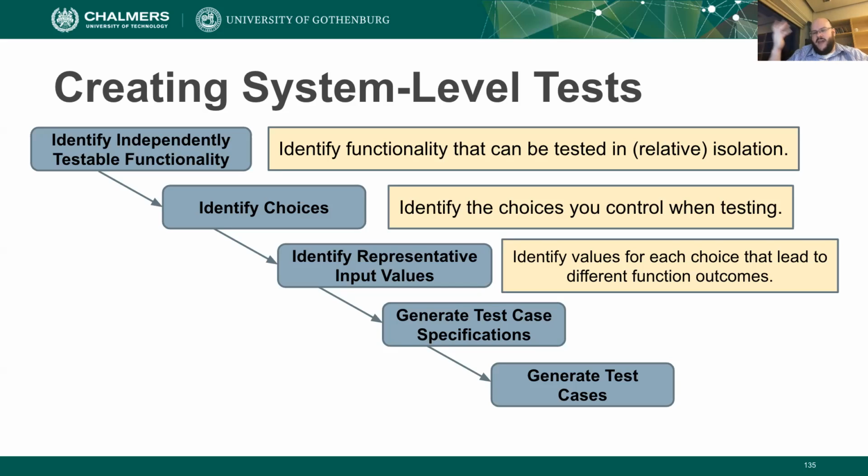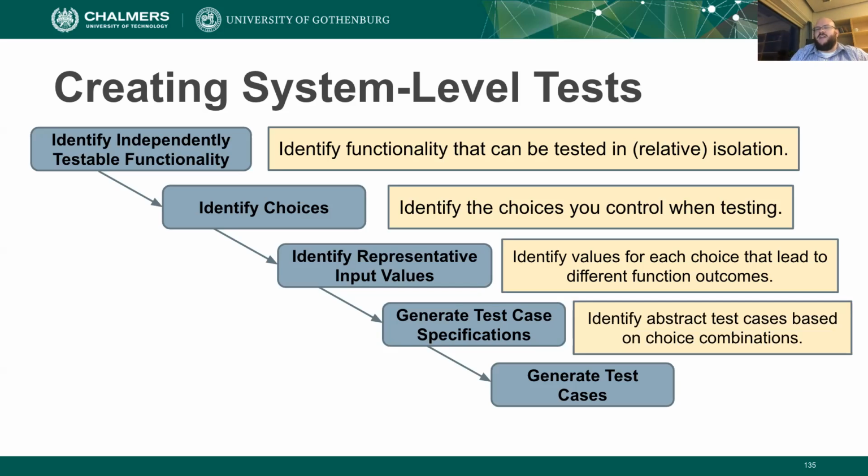That's if we have a variation point, what are the options we choose for it? Like if we can choose between different database types, what kind of databases can we pick for that variation point? That's much harder when we're talking about an open-ended input, like a number, like a string, where you could have a potentially infinite number of options, and you need to carve those up based on the different outcomes that they can trigger. And this is going to give you what we call these test case specifications.